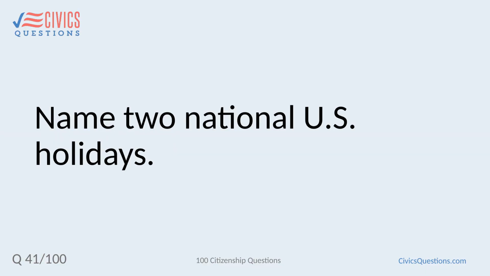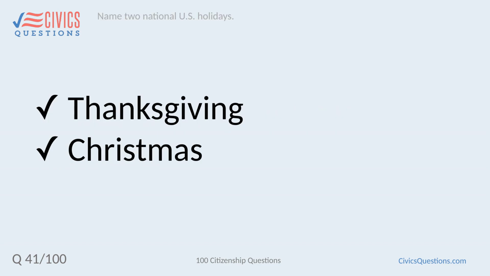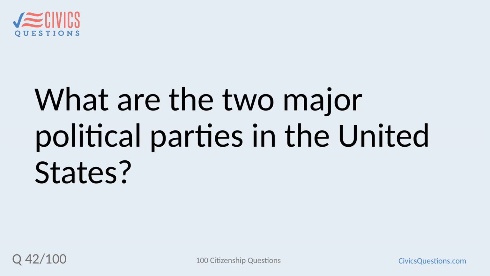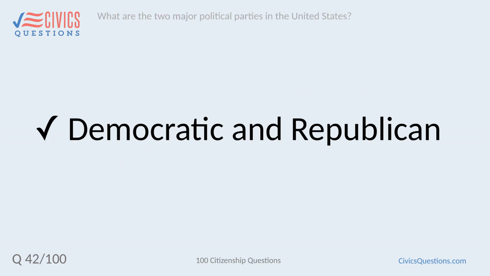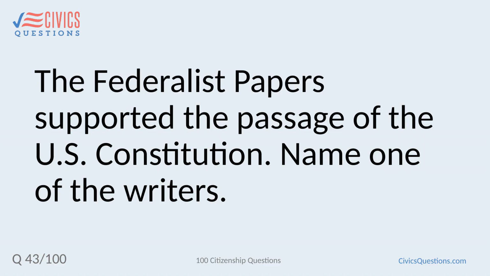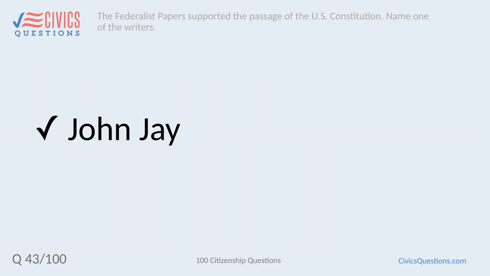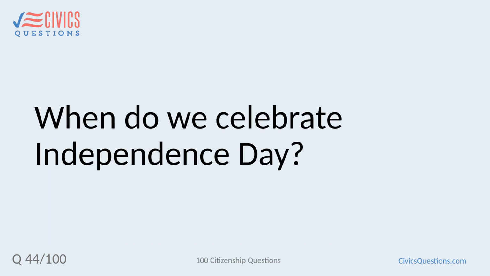Name two national U.S. holidays. Thanksgiving, Christmas. What are the two major political parties in the United States? Democratic and Republican. The Federalist Papers supported the passage of the U.S. Constitution. Name one of the writers. John Jay. When do we celebrate Independence Day?